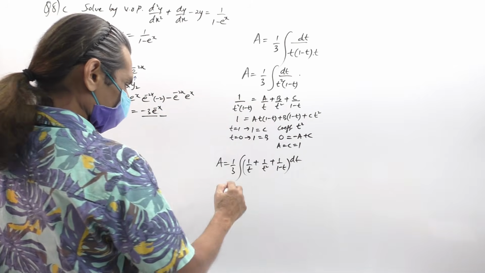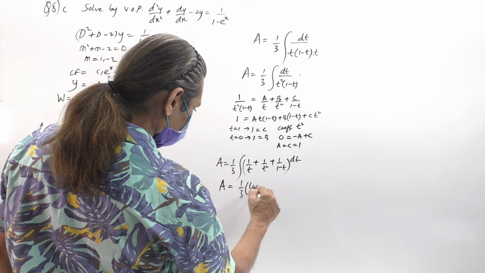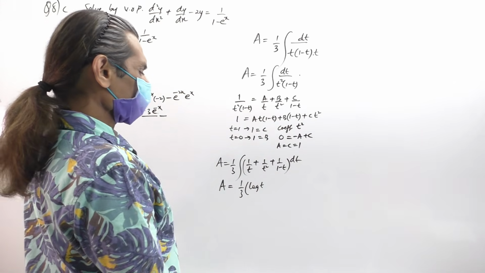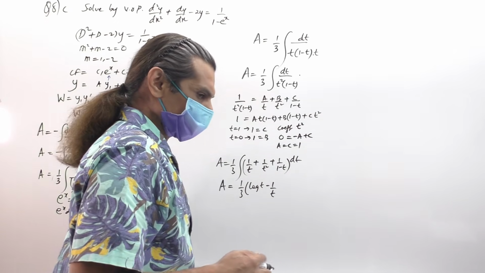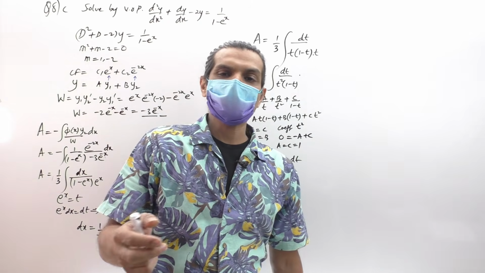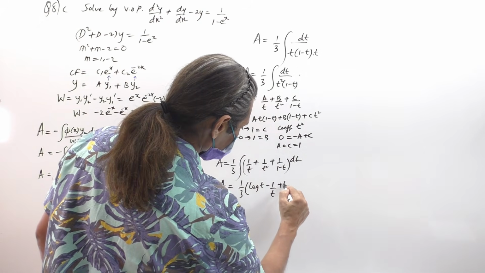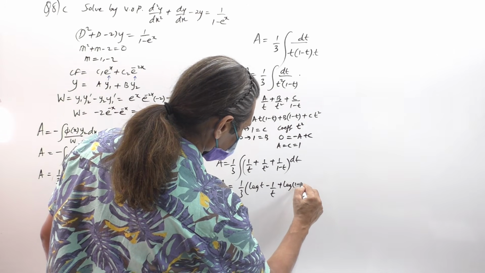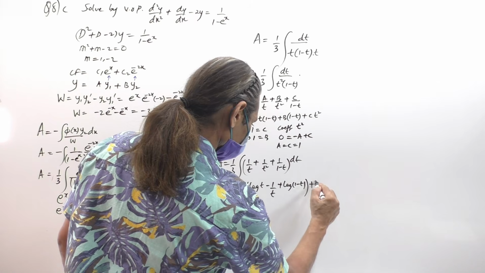So A is equal to 1 by 3, integration of 1 by t is log t, integration of 1 by t square is minus 1 by t, because the differentiation of 1 by x is minus 1 by x square, so integration of 1 by x square is minus 1 by x. Then plus log of 1 minus t, plus k1.